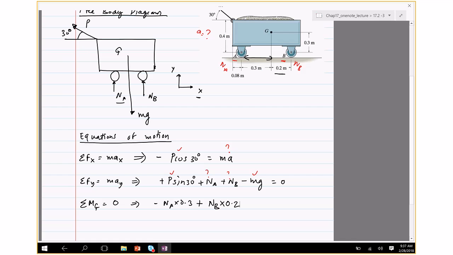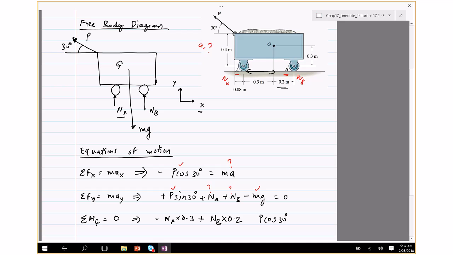What I like to do is, if it's a force which is acting at an angle to the x and y axis, I just resolve it along the x and y axis and then take the moment. So let's find the force in the x direction. That's P cosine 30. And the distance we're interested in here is the distance from this to this.